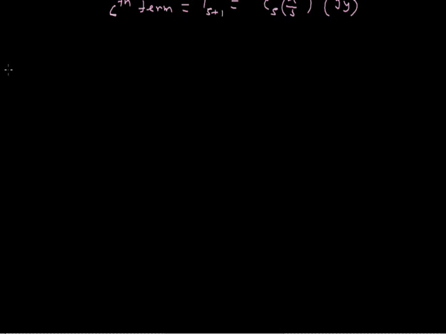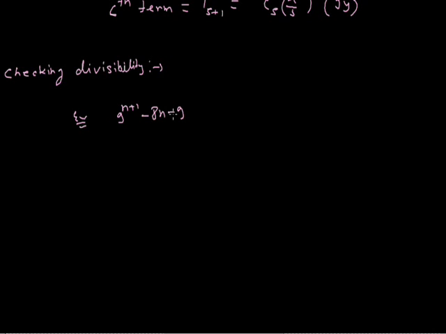Now next is checking divisibility. How can we check divisibility using binomial theorem? So here, for example, 9 to the power n plus 1 minus 8n minus 9.